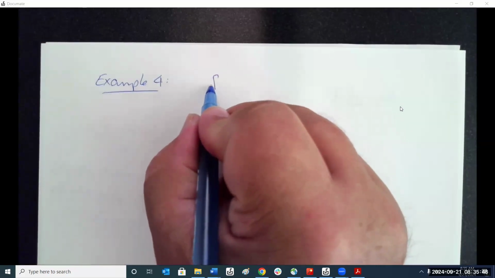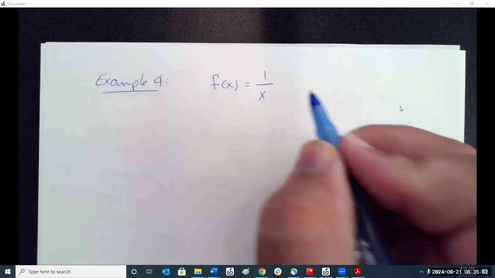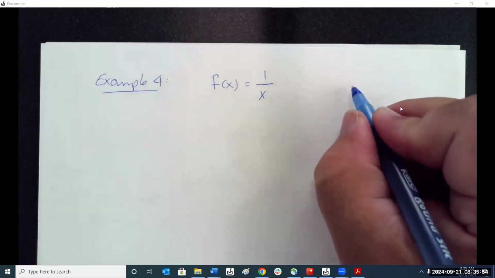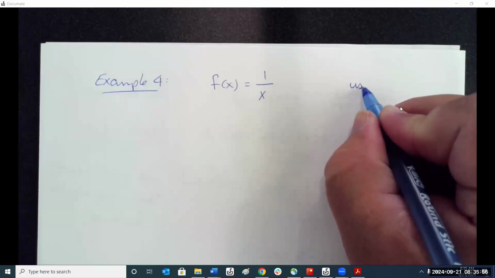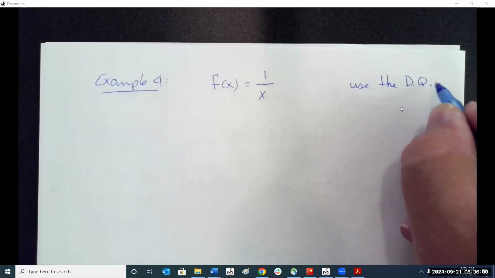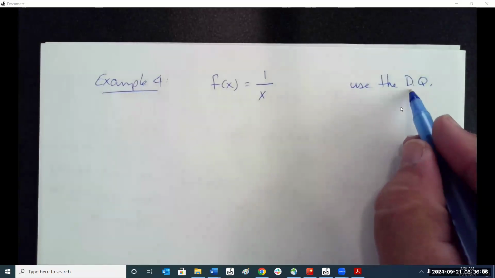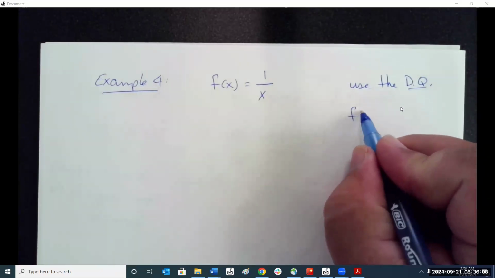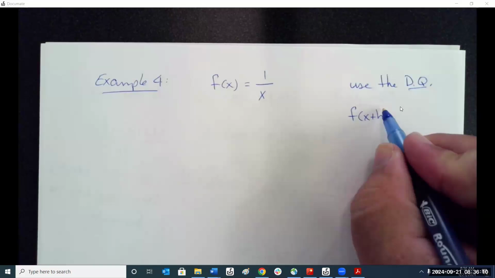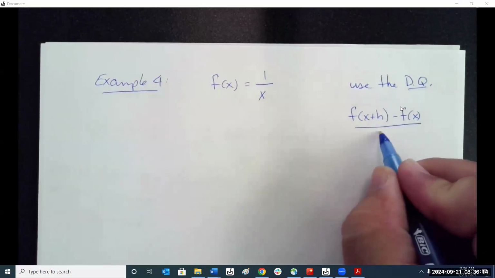Example 4. The function is 1 over x. Use the difference quotient. Okay, remember, the difference quotient is f of x plus h minus f of x all over h.